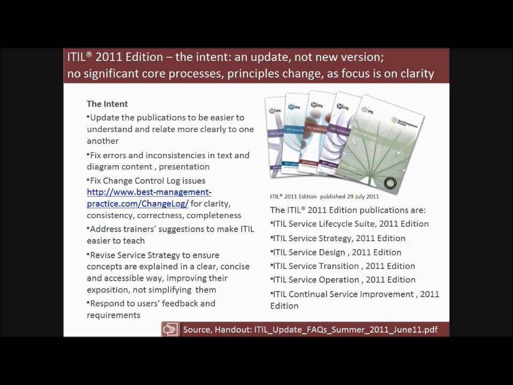You'd go in, and one process would be defined with these parts and then have objectives. In another process, the objectives wouldn't be there, or would be called something else. It's just messy. Why can't we have consistency from process to process, in the way the books and the processes are laid out, so that we know they're complete and consistent? Well, that was the intent of the update.